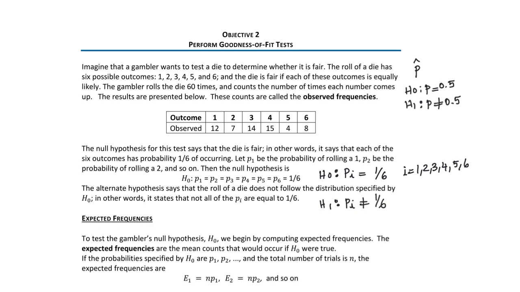Expected frequencies. The expected frequencies are the mean counts that would occur if the null hypothesis were true. If you multiply the total number of trials by the probability of rolling each number, you will get the corresponding expected frequency.